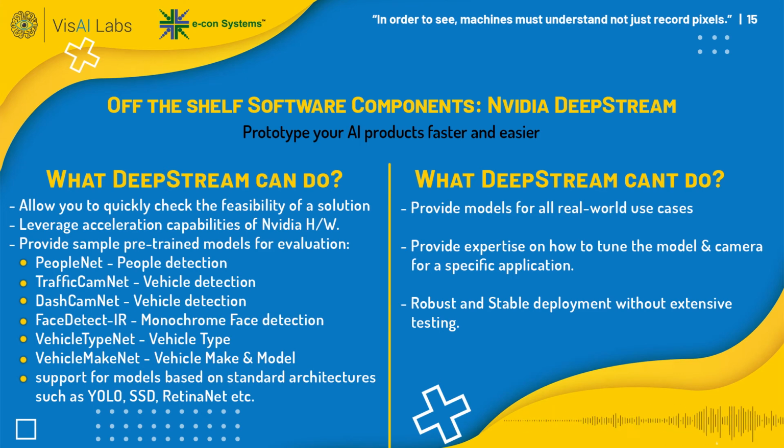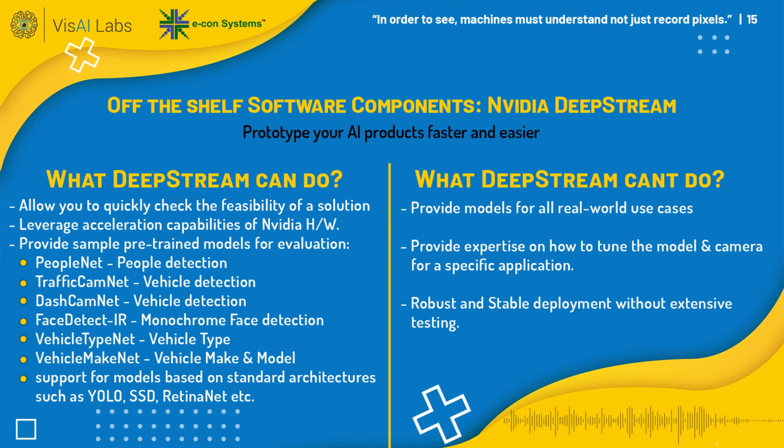So Deepstream has a place where you plug in your models, and Deepstream has some sample pre-trained models for evaluation as well. You could find a list here which we have put, like PeopleNet, TrafficCamNet, Face Detect, IR. All these are models which Deepstream has given as samples so that they can demonstrate how their framework will work.